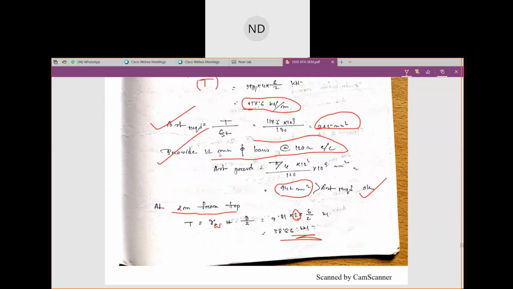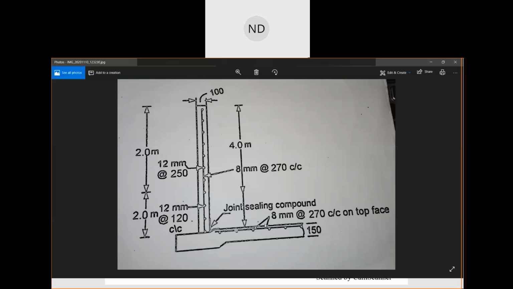We had provided 12 mm bars at 120 mm center to center for the bottom 2 meter. For the bottom we had 12 mm at 120 center to center spacing. The spacing was more at the top: 12 mm same bars but 250 mm we had kept. This is 4 meter.